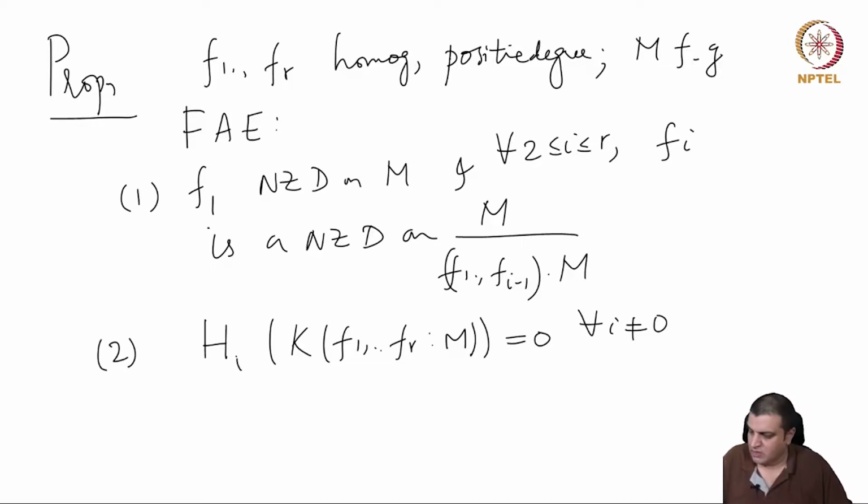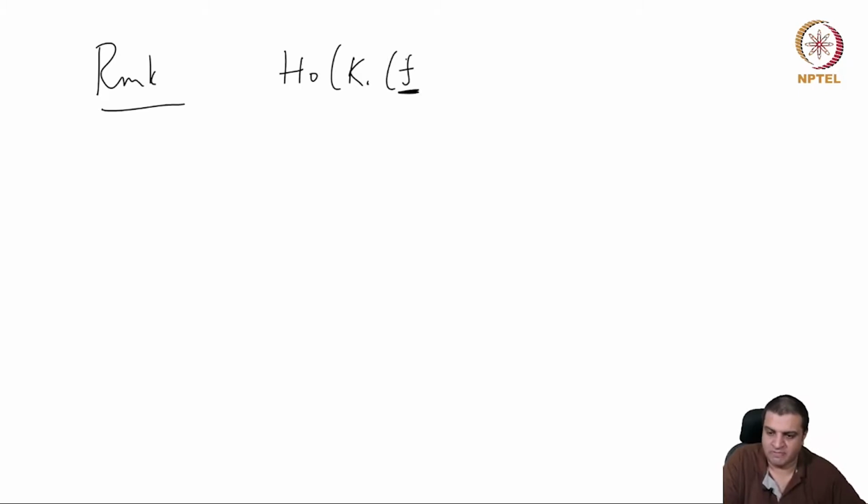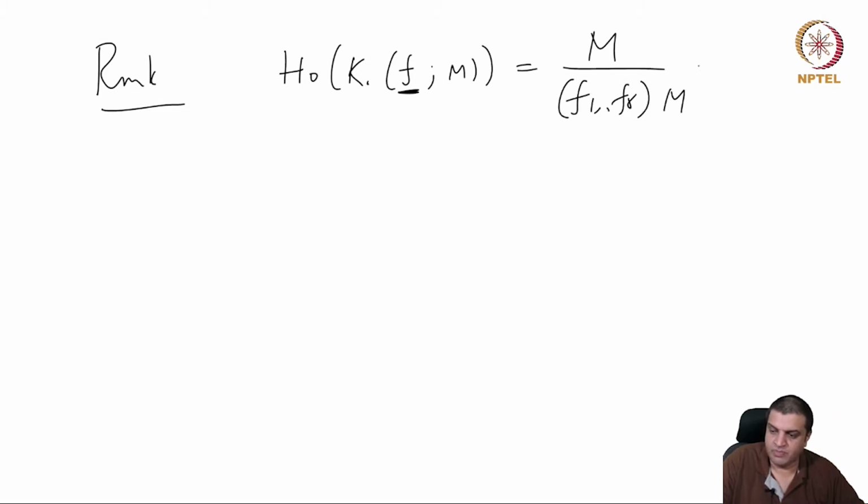Just a remark here: H naught of the Koszul complex, let me put an underscore here to denote F1 through Fr, is just M mod F1 through Fr times M. And this is not 0 by Nakayama's lemma.